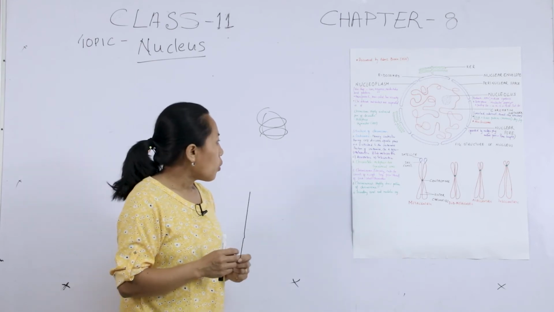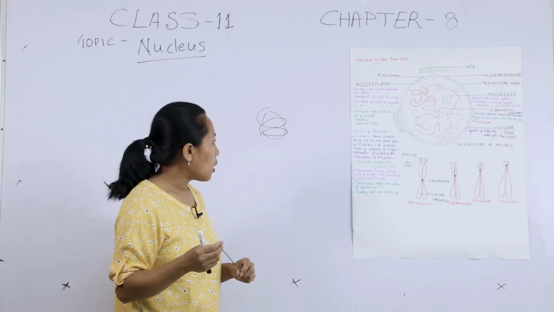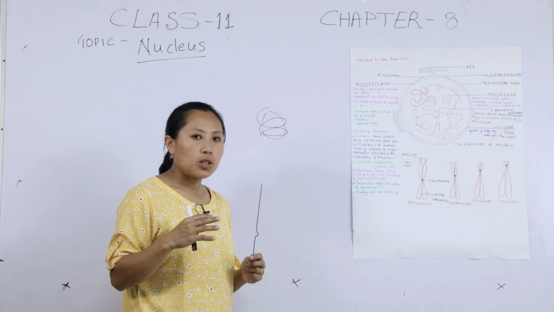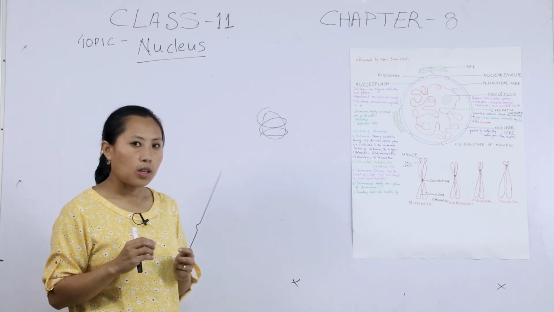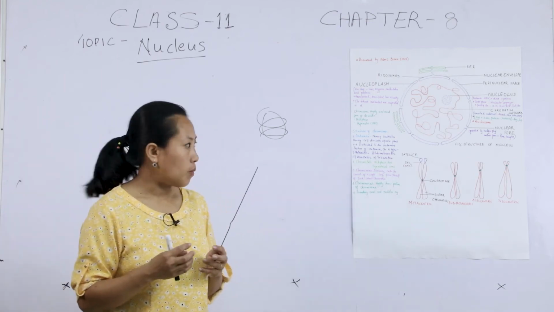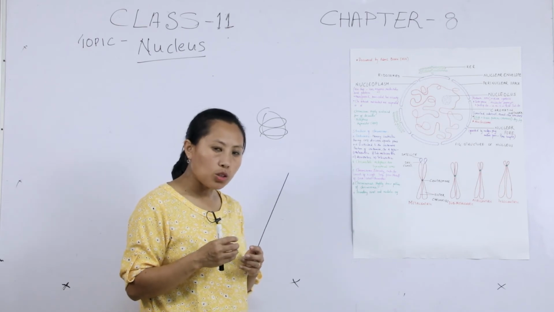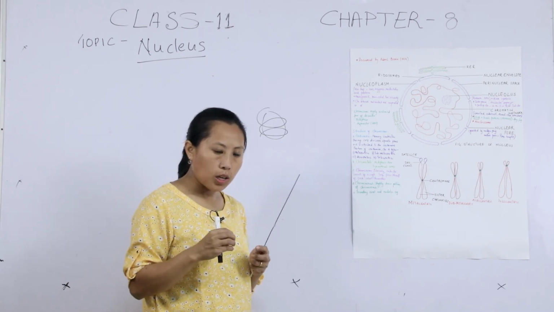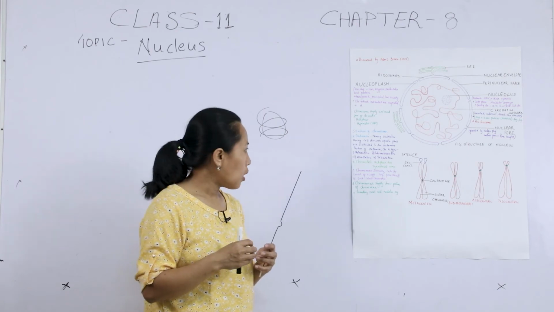So what is the centromere? The centromere is also called the primary constriction, and during cell division, the spindle fibers are attached to the centromere. When a cell starts entering the division phase, the spindle fibers attach at the centromere and help in the movement of the chromosomes.